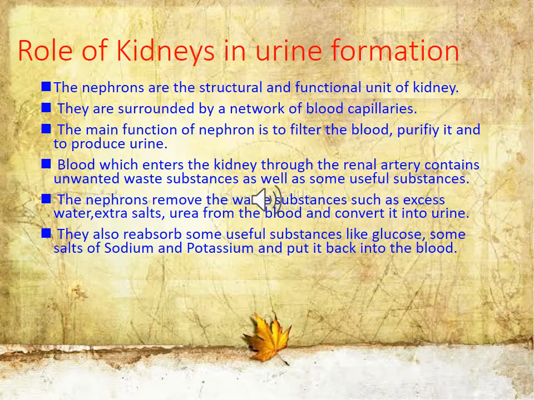The third point, the main function of nephron is to filter the blood, purify it, and to produce urine. The fourth point, blood which enters the kidney through the renal artery contains unwanted waste substances as well as some useful substances, and this blood here gets filtered by glomerulus, which we call ultrafiltration.